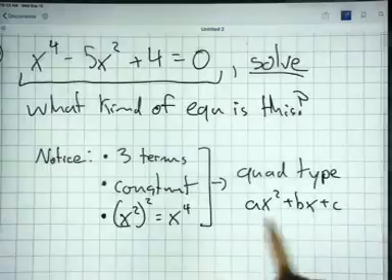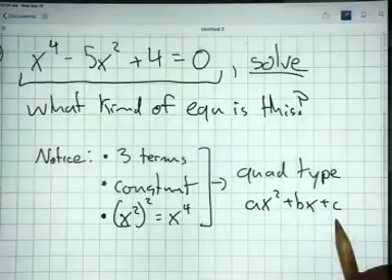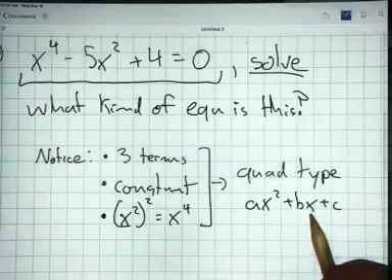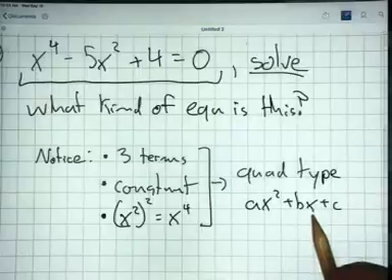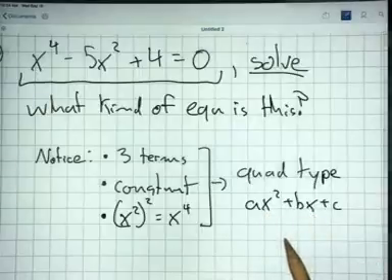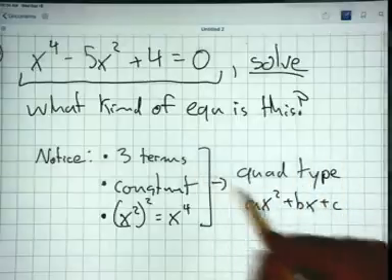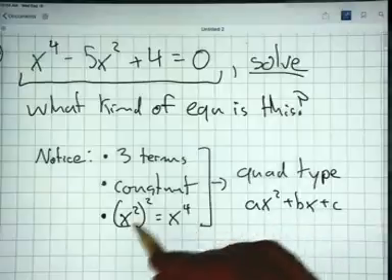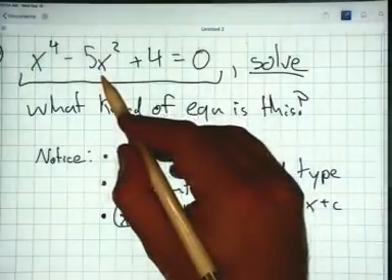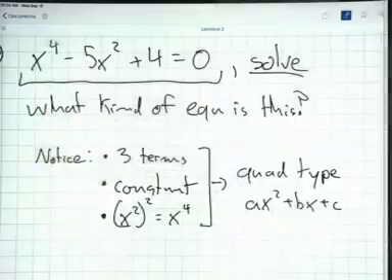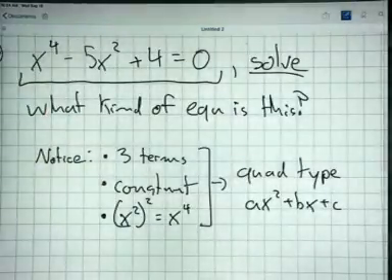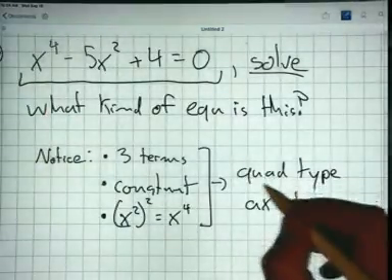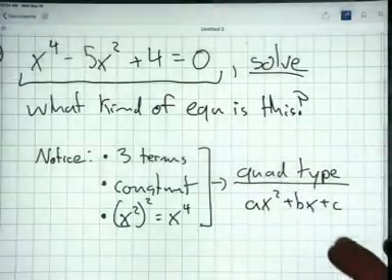Quadratic equations have 1, 2, 3 terms. There's a constant, and if you take the middle variable, x, and you square it, you get x squared. Those 3 things, 3 terms, a constant, and this relationship between taking the middle variable and squaring it to get the first variable, are what tell me that this is quadratic type.